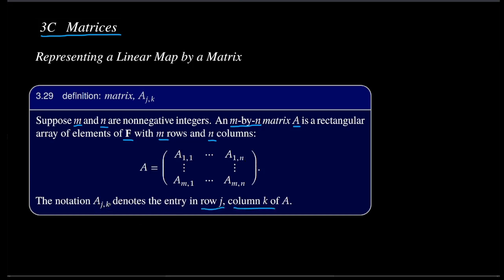So the easy way to think of it is that if you looked at this rectangular array, as you go across it, that is the thing in the second spot. Okay, cool. And as you go down it, well, that's the thing in the first spot.